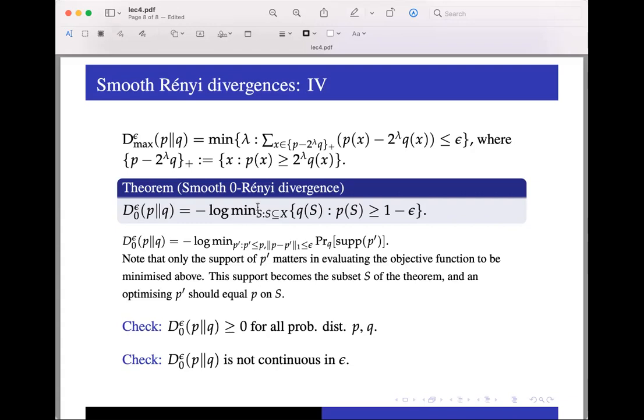I'm increasing epsilon slowly, so that's a slow, smooth increase. But at a certain point, I realize that epsilon is so large that I can now further reduce the support of P prime. So I can shrink the support of P to get a new support. Shrinking the support only lowers this quantity, the probability of the set under the distribution Q. So note that for D0, only the support of P prime matters in evaluating the objective function to be minimized.